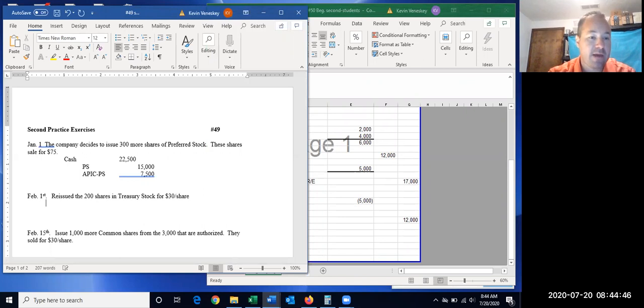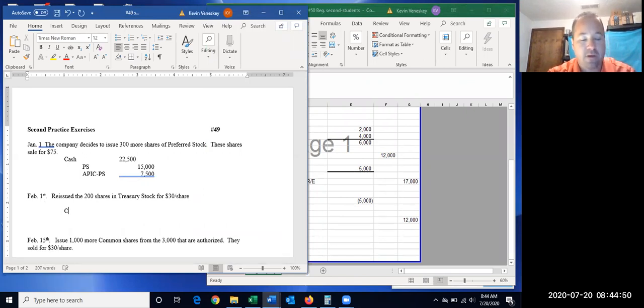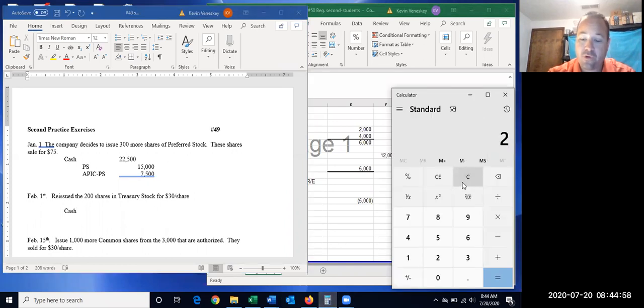So when I come down here now to do my journal entry, I'm reissuing those shares that I currently have bought back. I'm selling 200 shares at 30 bucks a piece, so $6,000.